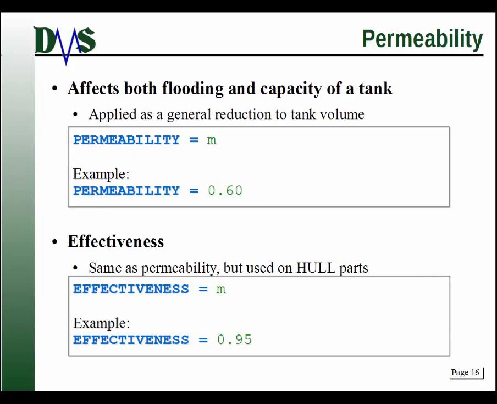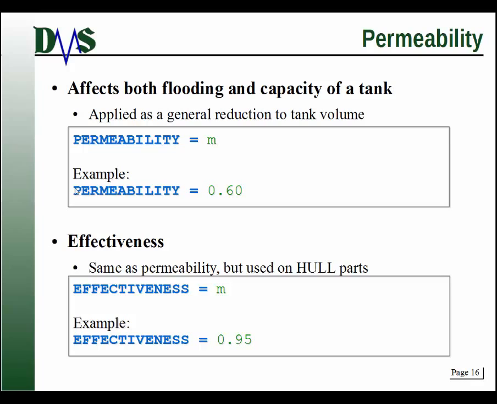Right, so as you saw, there were 2 new commands in that tank command. The first one is permeability. The permeability, it's the effective amount of volume within a tank. And this is important for both the flooding and the capacity of a tank. It's not going to be specific to any one region of the tank, it's just a general reduction in volume.